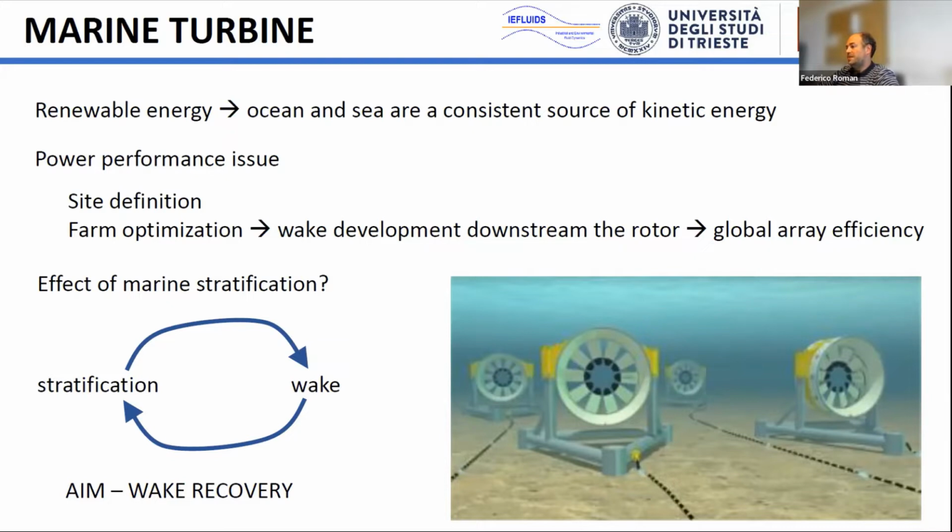So we have a density field with a lower density in the upper part and higher density in the bottom part. And this can have a strong impact on the velocity and on the turbulent field.